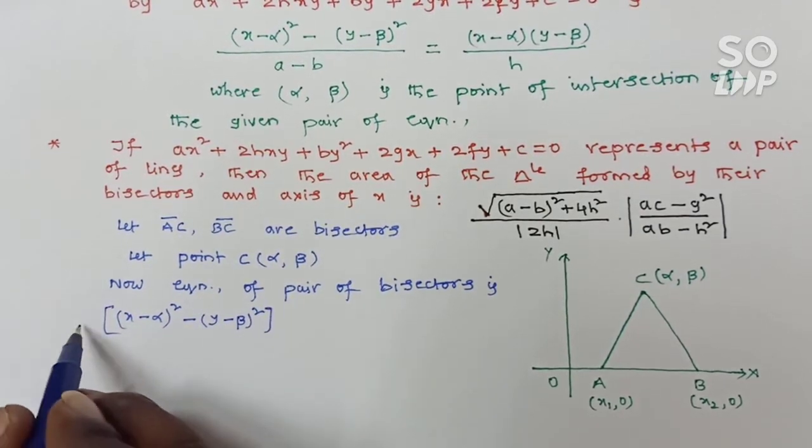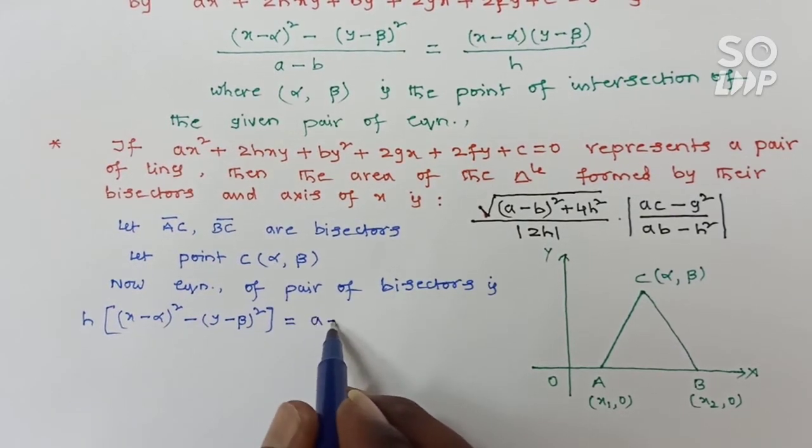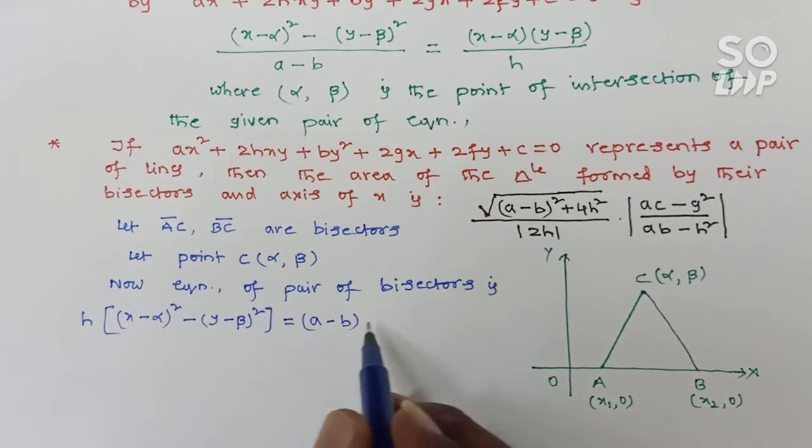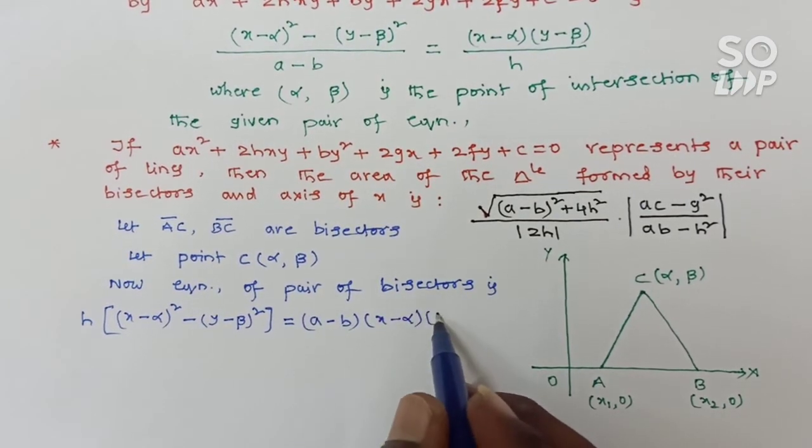Now here I am cross multiplying, is equal to a minus b into x minus alpha into y minus beta.